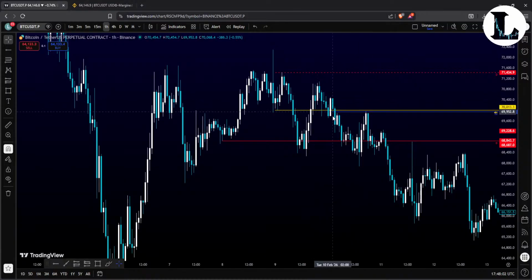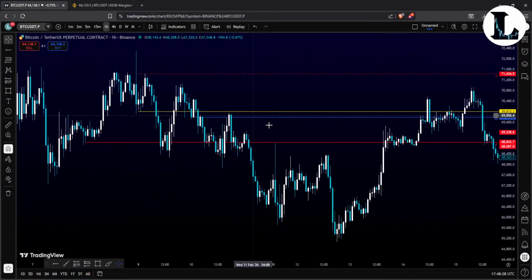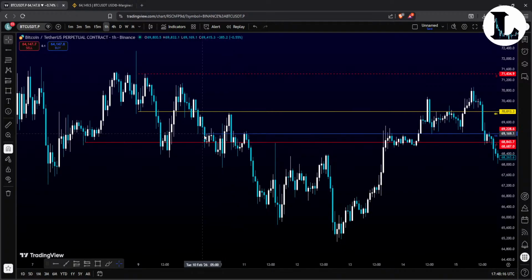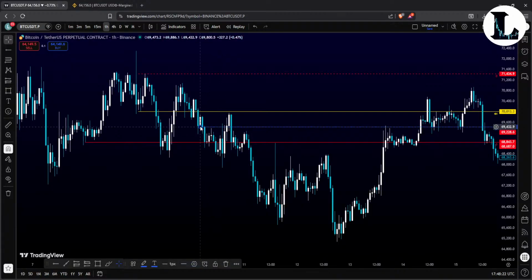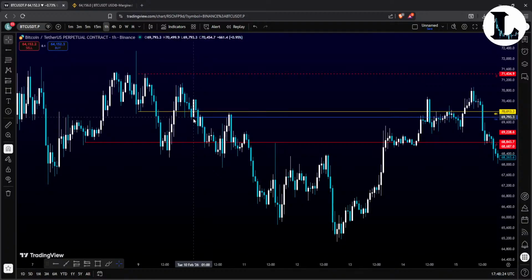Okay, we can go to the next one. Two rejections here, first one here, second one here. Okay, and it keeps moving down, and you have a trail here, guys. So this was not one, this was probably one. It's probably a 4 hour here, I'm not really sure. This one acted as resistance, okay, but we had this one here.